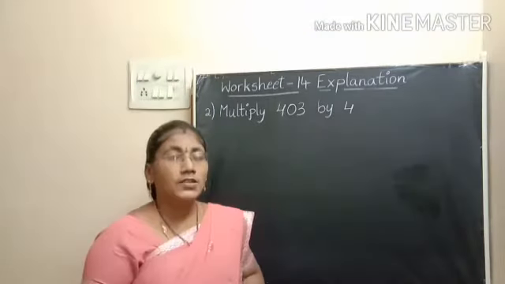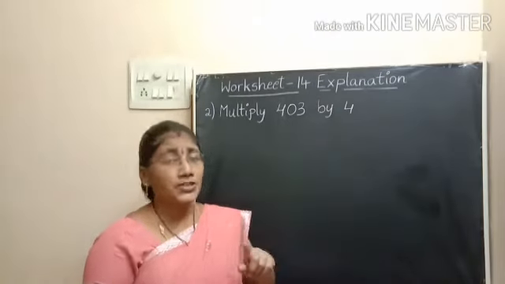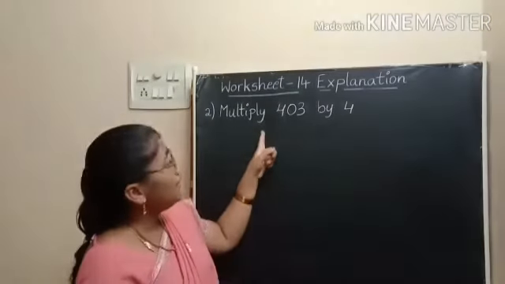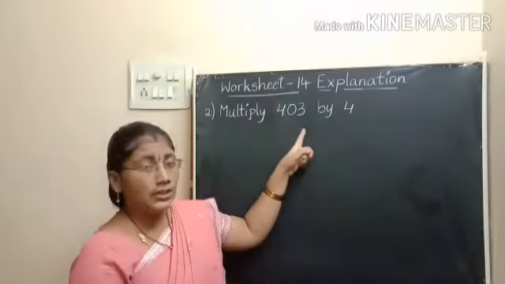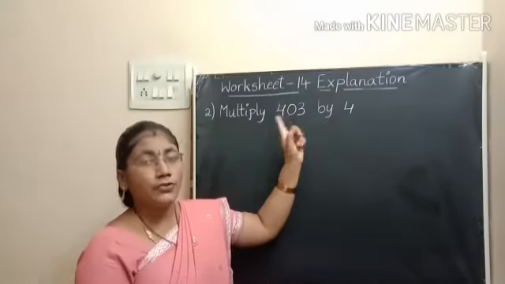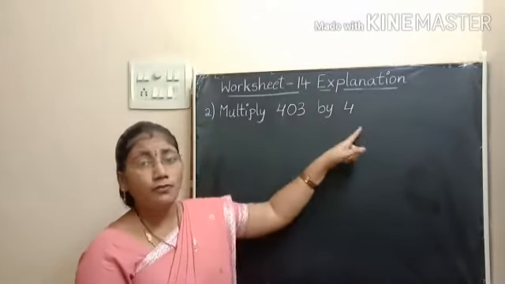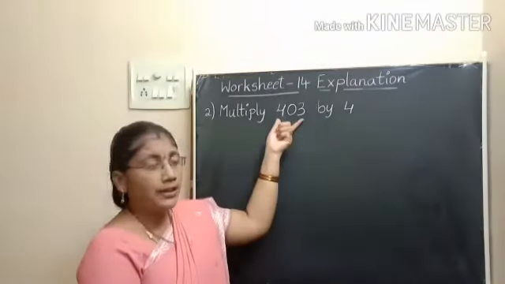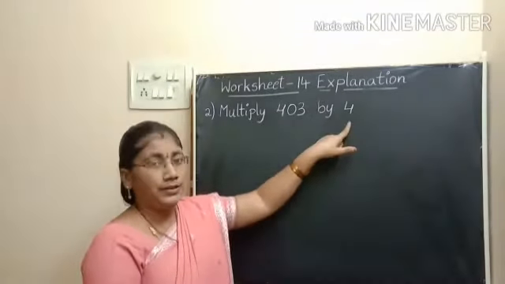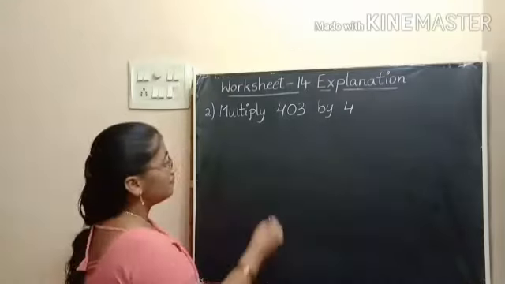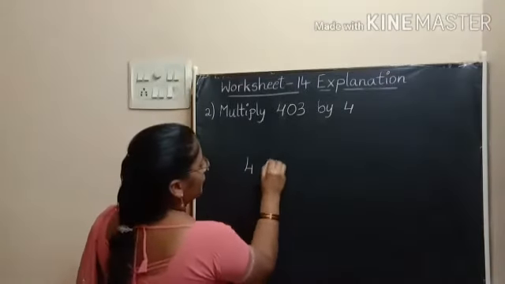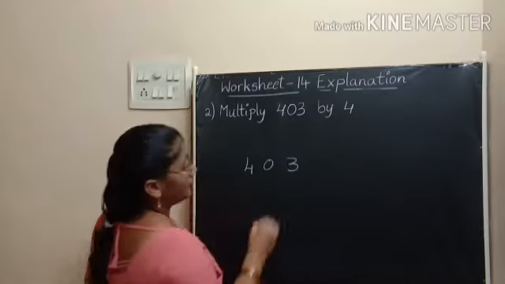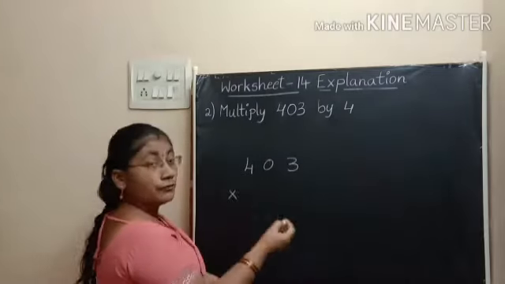Understood? Children, the next question is multiply 403 by 4. Here 403 is the multiplicand, 4 is the multiplier. First we should write 403 into 4.